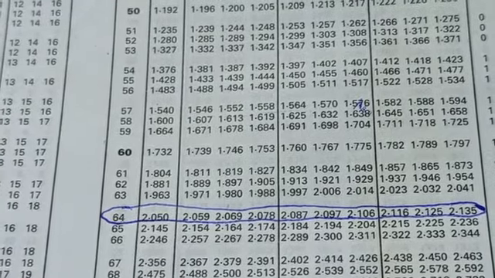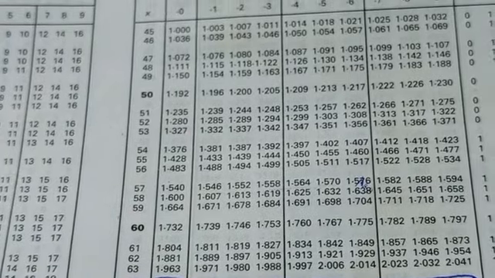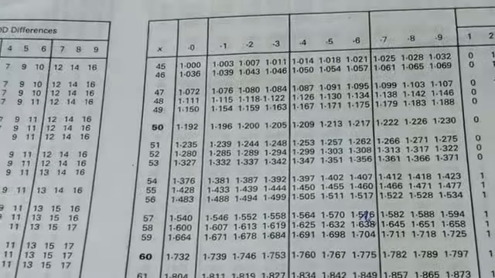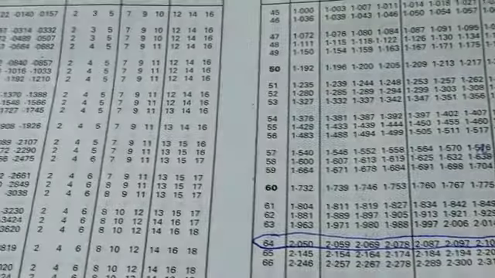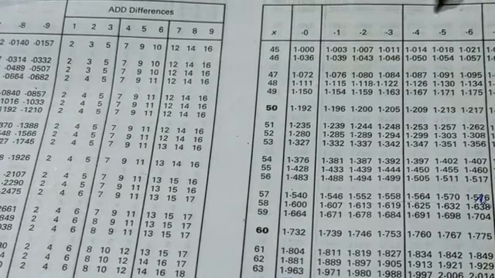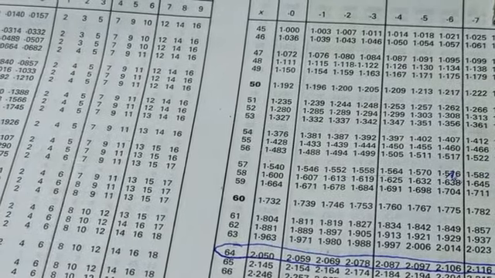Now let's go to the column under 7. Check up. You trace up. Can you see? This is 7.